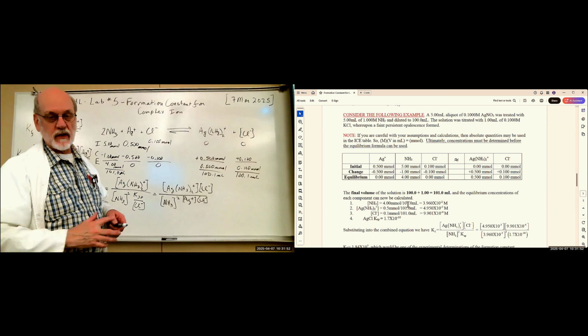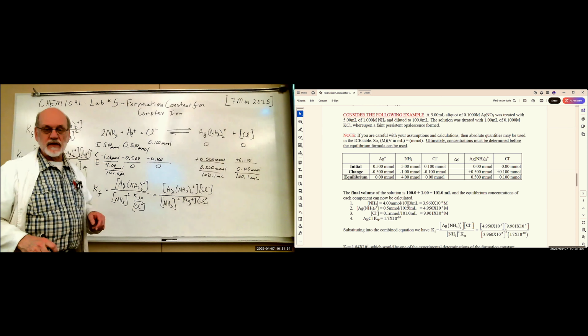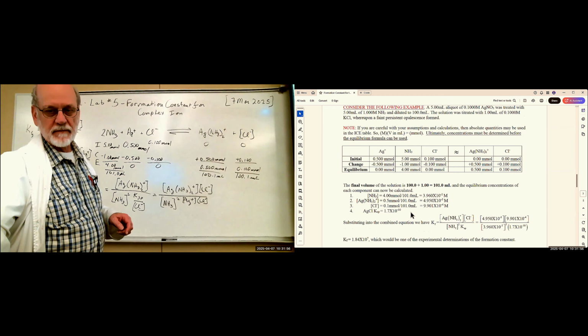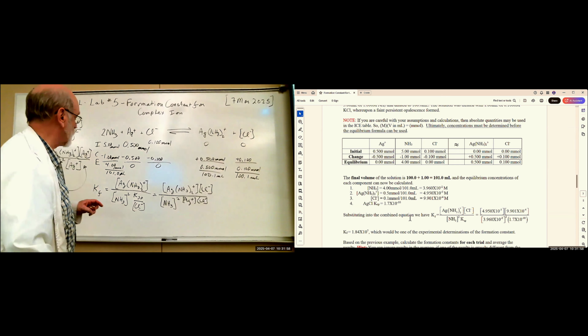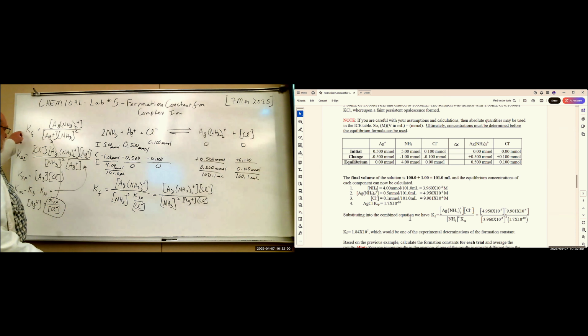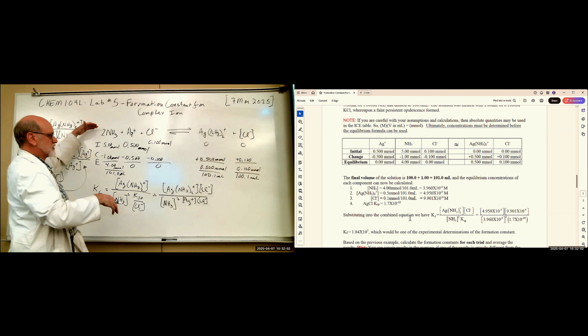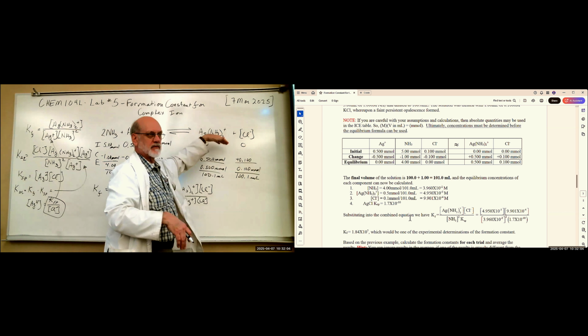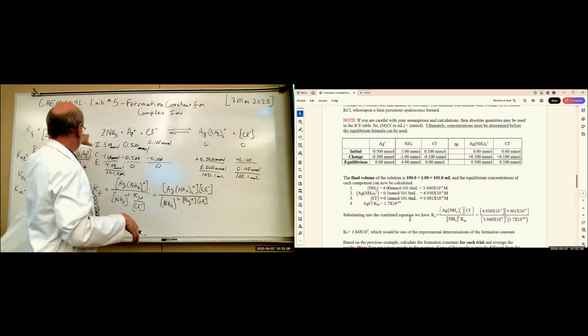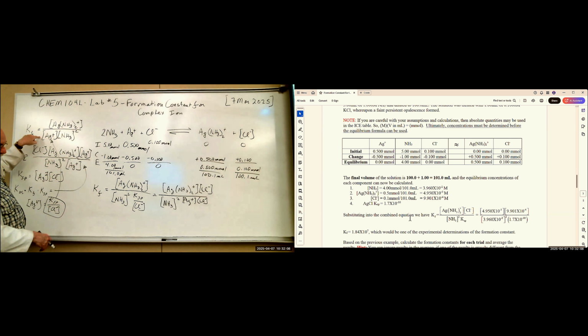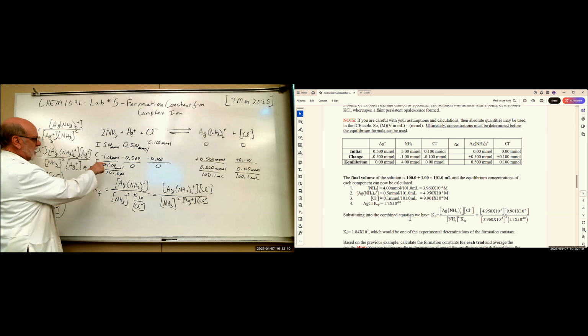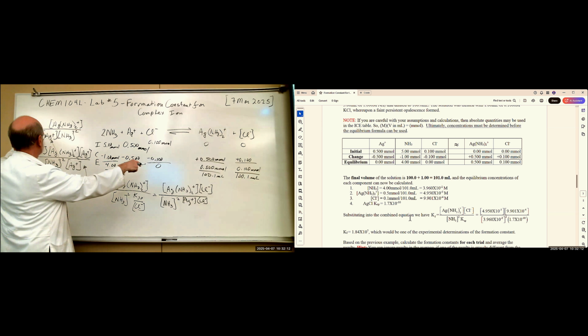So those are the values that go back into the KF equation. This one. We set this one up just so that we could track all of our species. But this is the one that does the calculation, right? We have a silver value. Let's see.